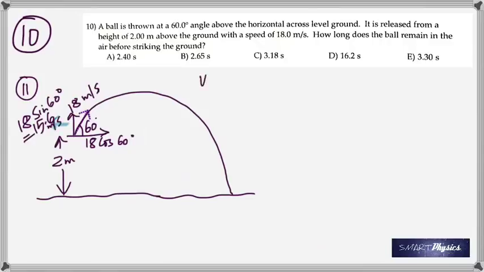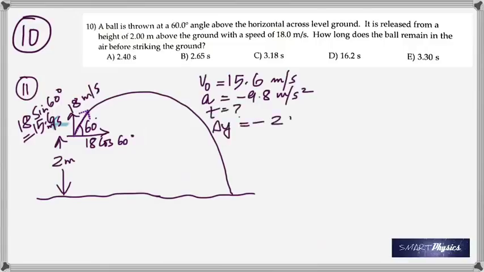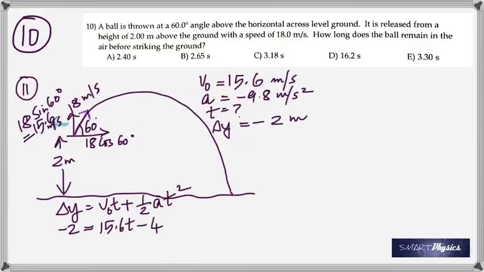And to find the time, you only take the vertical component. So the initial is 15.6. A is minus 9.8 meters per second squared. We're trying to find the time. Delta y is minus 2 meters because it goes below where it was thrown from. Use this equation. Rearrange it to get that quadratic again.